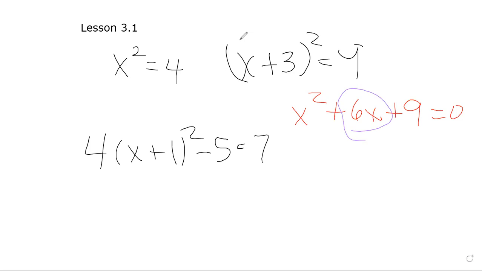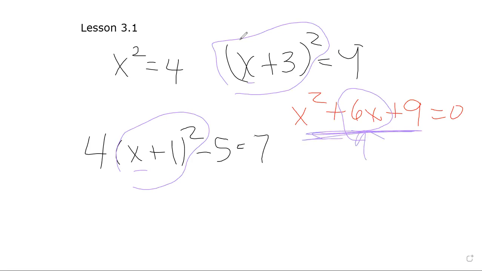It's got a 6x. Yes, it has x by itself, okay, I recognize it there. Yeah, but it's in the quantity squared in the others. So this is why we're able to do the square root method, and why you can't do the square root method with this one. That right there keeps you from using the square root method, okay, with that red problem. You can't do it with that, but you can do it with all these others, okay?